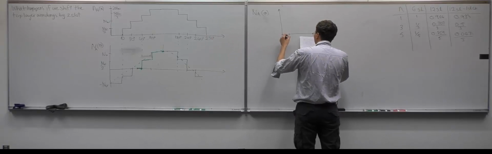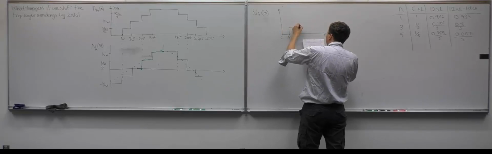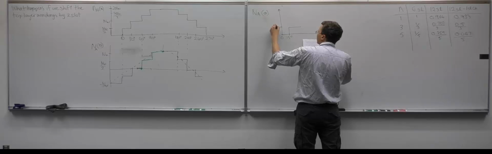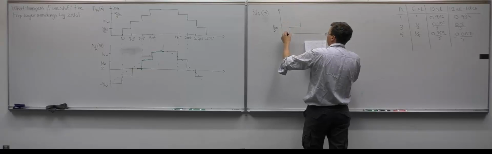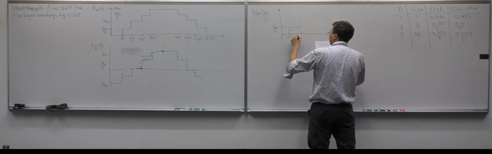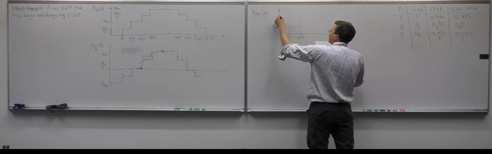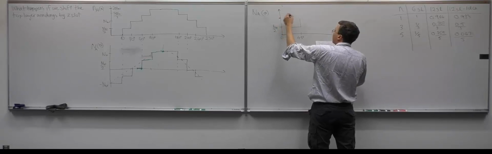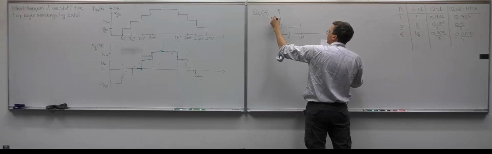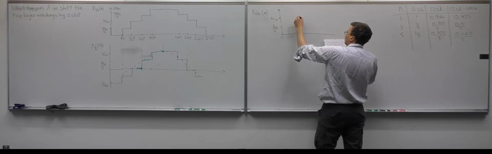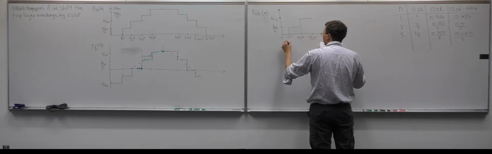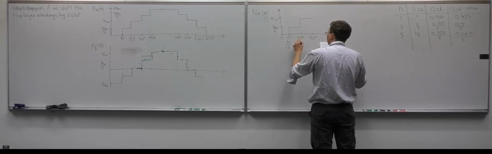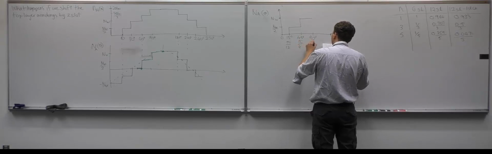So we go to 15 degrees, and then it jumps up to NW over 2, and then we jump up. So that's from 15 to 15 plus 30 is 45 degrees, and then we jump up to NW at 45, and we go across till 90. And 15 degrees is pi over 12, 45 is pi over 4, and 90 is pi over 2.